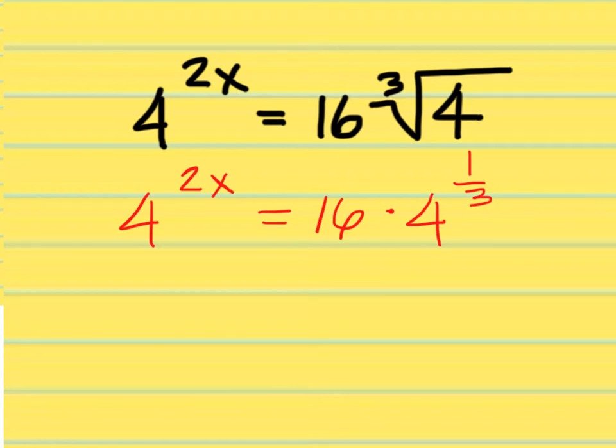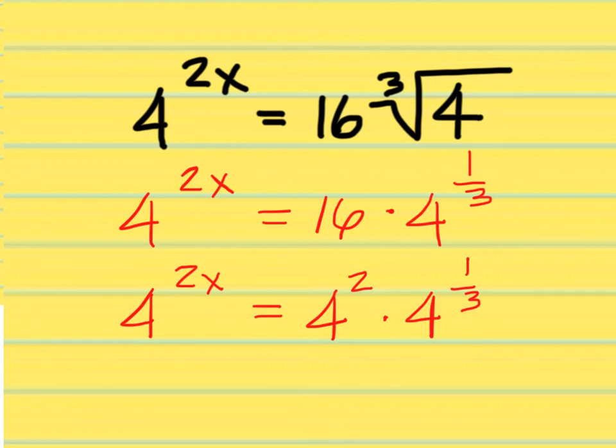This problem would be doable right now if it wasn't for what number? 16. We can change that 16 to a base of 4. What is 16 with a base of 4? 4 squared, yes. So we will keep this side the same, and 16 is the same as 4 squared.